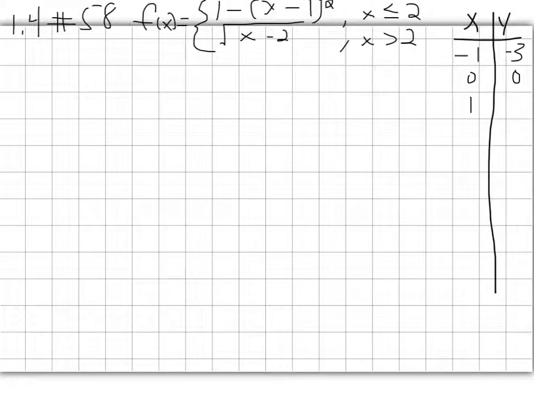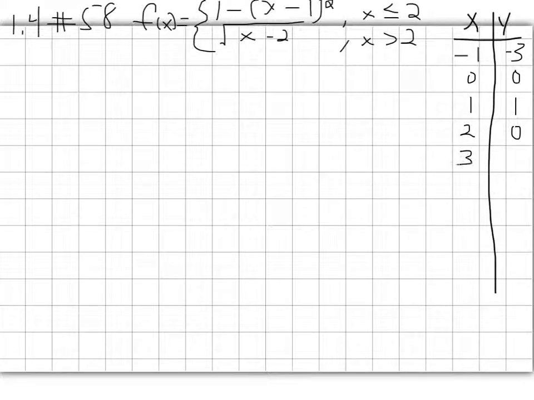When x is 1, we're still in the x less than 2 mode, we'd plug that in, we would get 1. When x is 2, we are at the boundary of our limit here, so when we plug that in, we're also going to get 0.